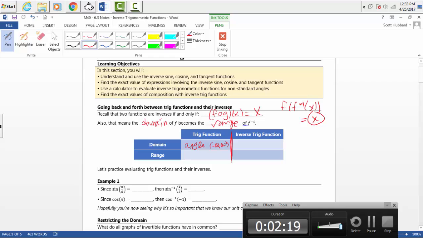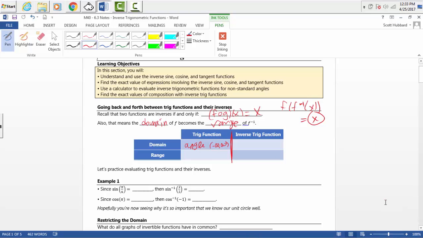And the range for sine and cosine, we're just talking about sine and cosine right now, was negative 1 to 1. This was just the output on the unit circle. At pi over 6 it was root 3 over 2 and comma half, etc. For the inverse trig functions, they flip.